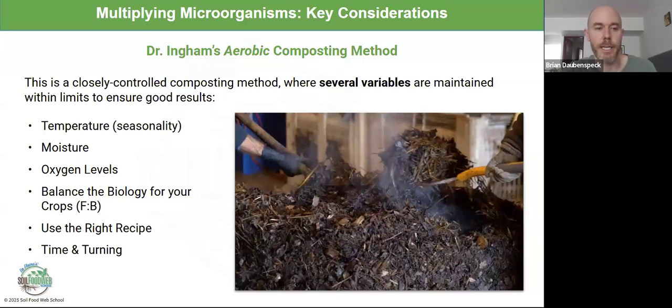So the recipe is going to dictate your temperature, your moisture, your oxygen levels. For example, your woody materials are going to provide structure that allows air to enter that compost pile. And then not least is timing and turning, which tie back to temperature. So we're managing our temperature, and we have thresholds which we use to let us know when we need to turn the pile, and we'll go into those details in the next slides.